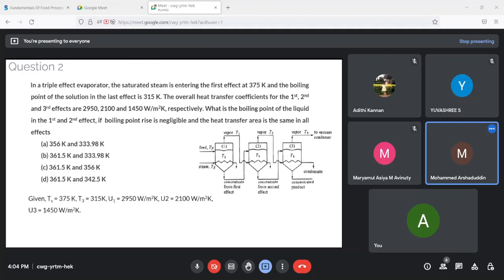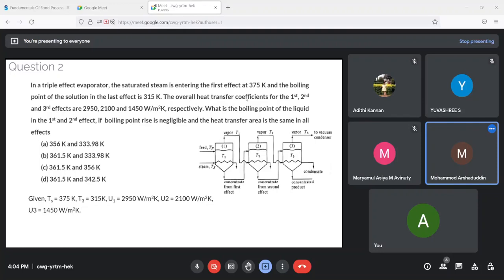So let's look at the given. The saturated steam temperature is given, which is 375 Kelvin. So this Ts that is fed into the first effect is given as 375 Kelvin. And the boiling point in the last effect, that is T3, is given as 315 Kelvin.